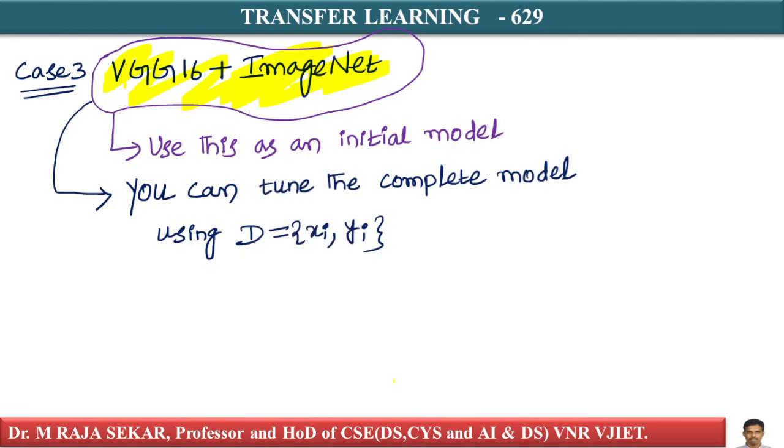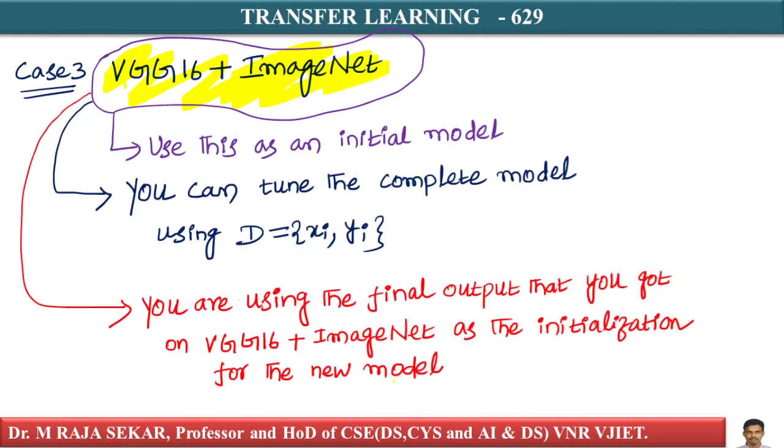You can tune the complete model using the dataset capital D of Xi's and Yi's. So what are you doing here? You are using the final output that you got on VGG16 plus ImageNet as the initialization for the new model, and you fine tune it.